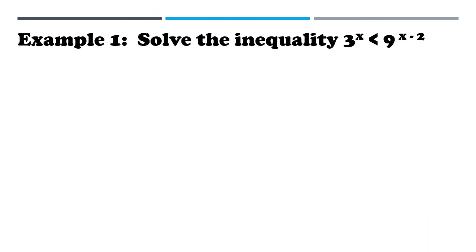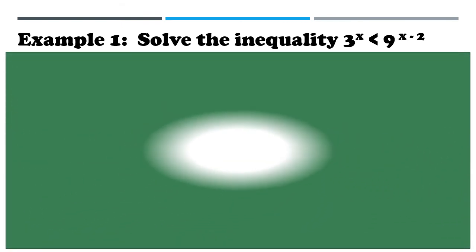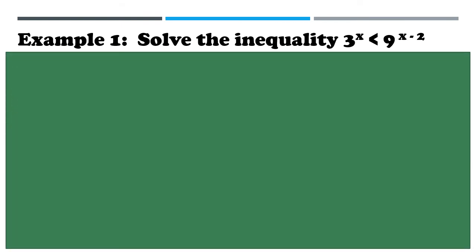So, let us proceed to example number 1. So, we are going to solve for the inequality 3 raised to x less than 9 raised to x minus 2. So, if we are going to solve this one, I will rewrite again our given. Our given here is 3 raised to x less than 9 raised to x minus 2.